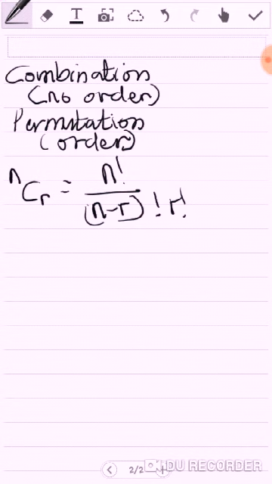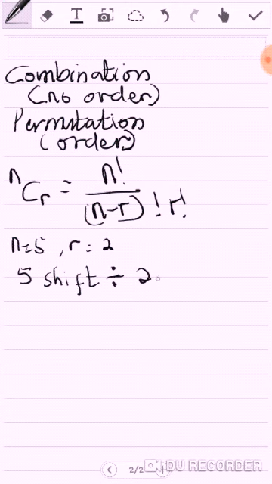You can also use a calculator. Let's say n equals 5 and r equals 2. So on the calculator, it's 5, shift, the division sign, and then your 2.